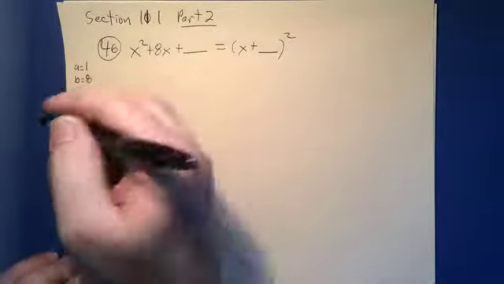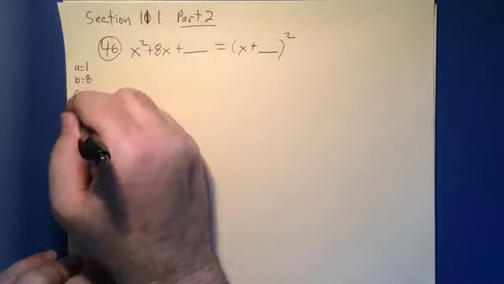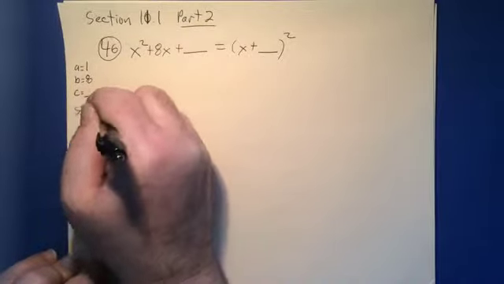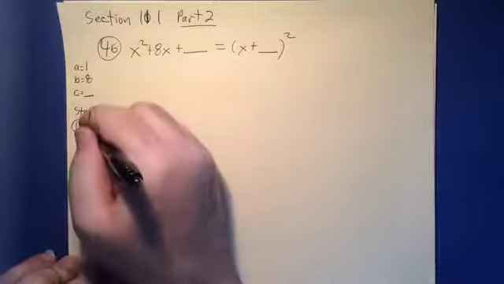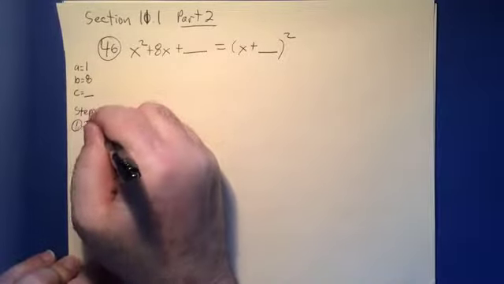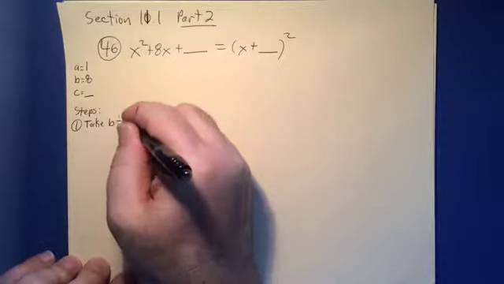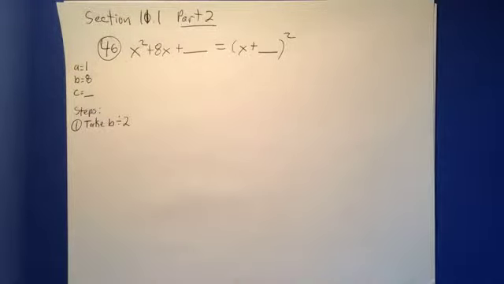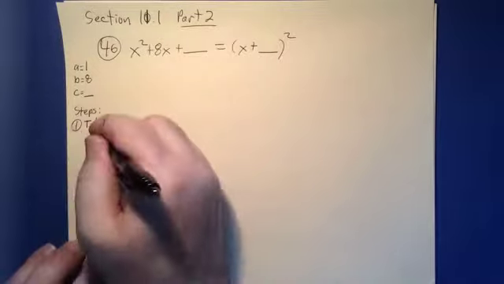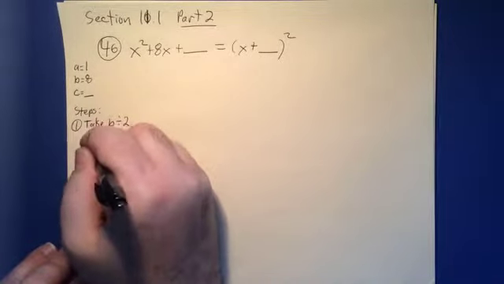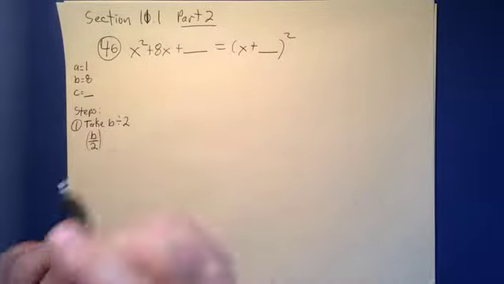There are two steps. The first step is to take the value of b and divide that value of b by 2. The representation that I'm going to use for that is b over 2.